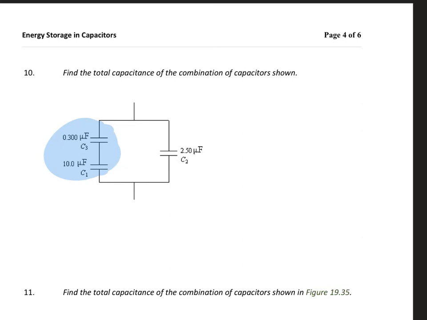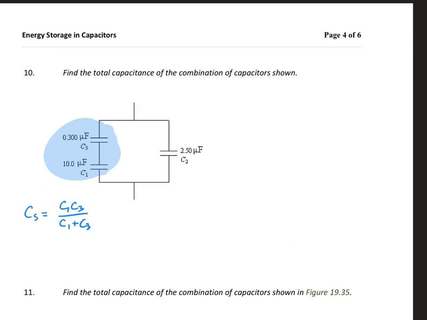I'm not going to rewrite the whole 1 over part, but if you remember, the series equivalent, if I could make a single capacitor that does the same thing as these two in series, I would compute that as the product of those two things over their sum. We just did this in the last problem, so this would work out to 1 over the total series equals 1 over the first one plus 1 over the next one.